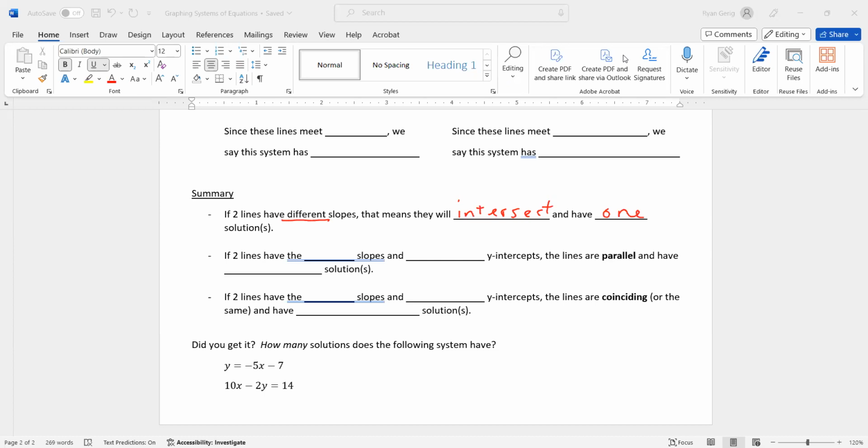So if they have the same slope, that's a special case. If they have different slopes, it's easy. It's one solution. Well, if they have the same slope, it could be one of the two special cases. What differentiates them? It's the y-intercept.